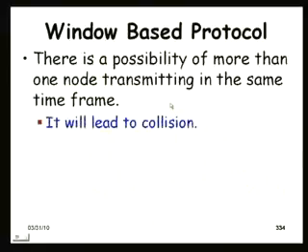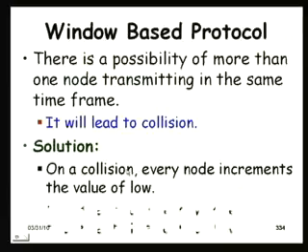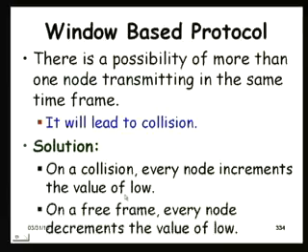So, there is the possibility of more than one node transmitting at the same time, which will lead to a collision, and on a collision each node increments the value of low, so that some of the nodes will get cut off, they will not transmit, but still there can be another collision, and then again the low value will keep on increasing until the node with the highest priority message is found.